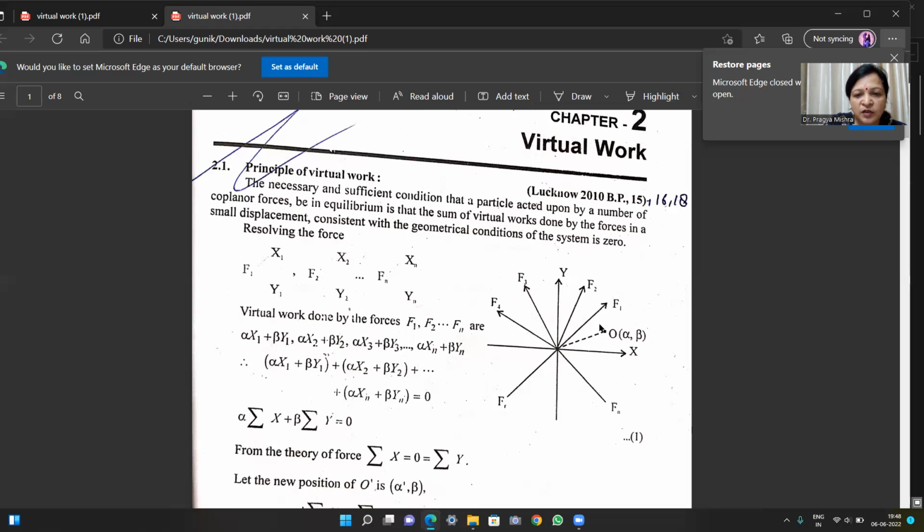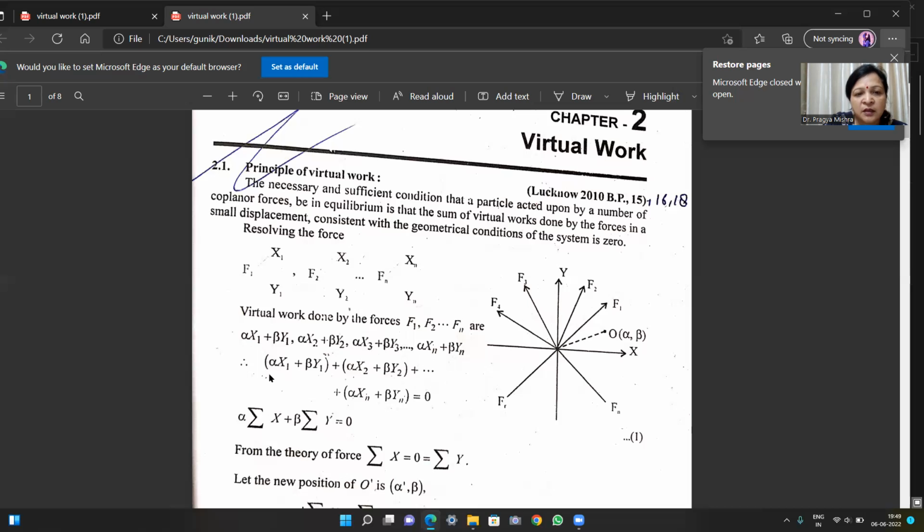So the work done will be F1 dot R. Corresponding to this, the virtual work done will be alpha x1 plus beta y1. In the same way, we have the virtual work done by F2, F3, and so on.